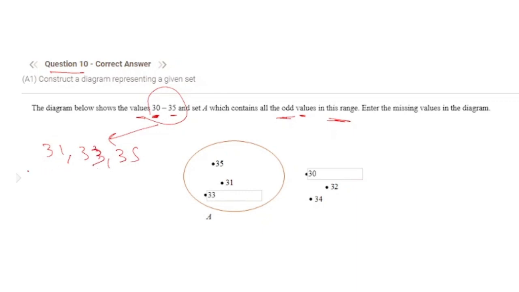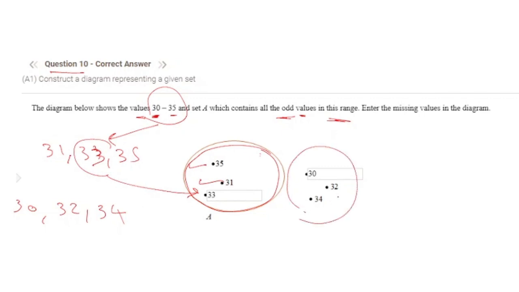And the even numbers will be 30, 32, and 34. So let's add the missing values here. Inside the set A, it's odd numbers, so it will be 31, 35. The missing is 33. And outside, it's mentioned 32, 34, and the missing is 30.